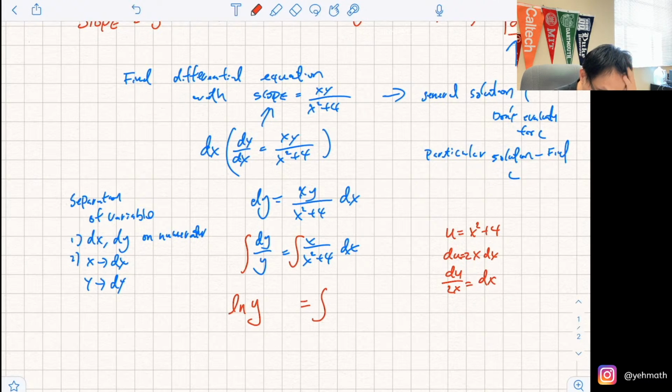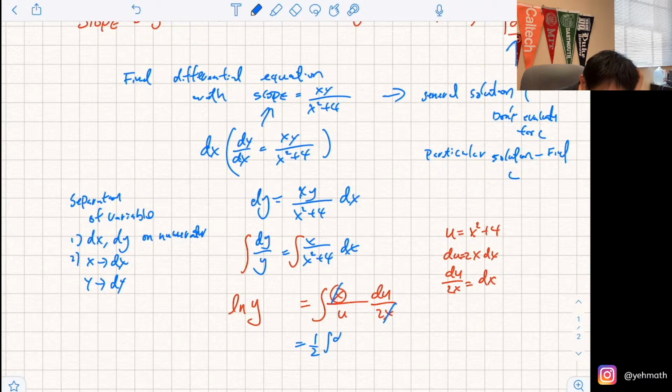So therefore, it's the integration of x over u, and dx is du over 2x. And you're going to see that x cancels out, and that's going to be 1/2 integration of du over u, natural log.